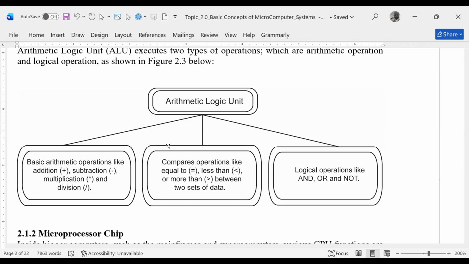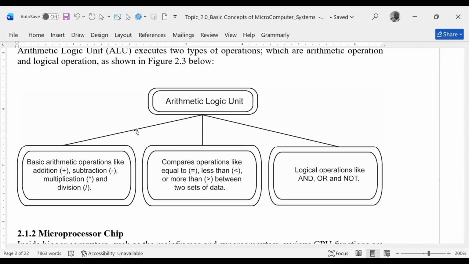So all the mathematical operations, all the arithmetic operations in computing are performed by the ALU. Bear in mind, all the logical operations and arithmetic operations in computing are performed by the ALU.